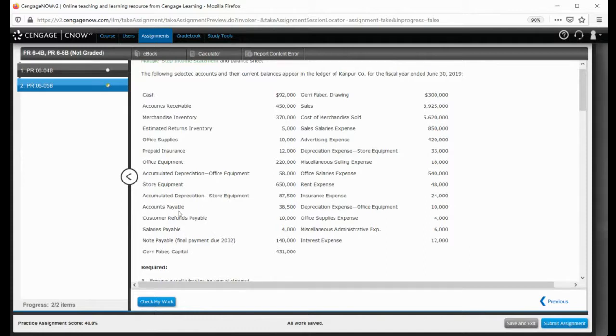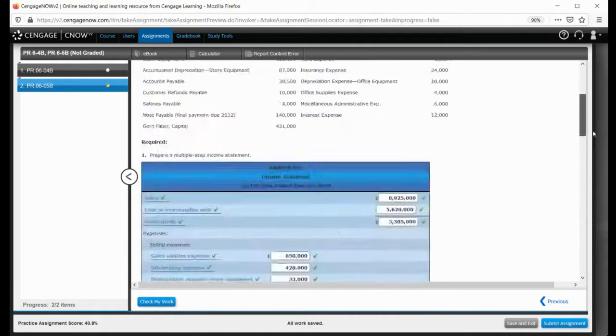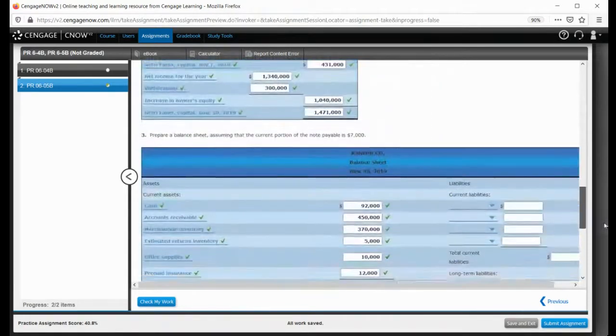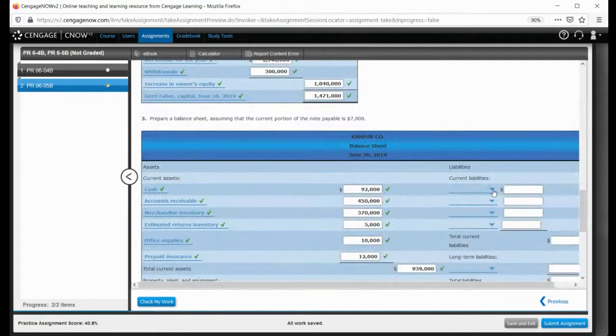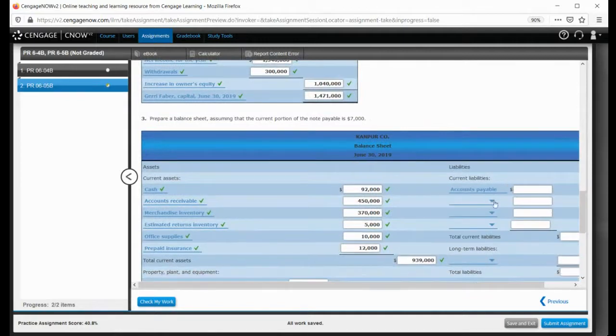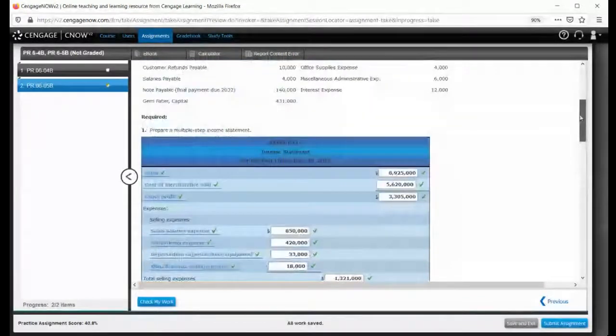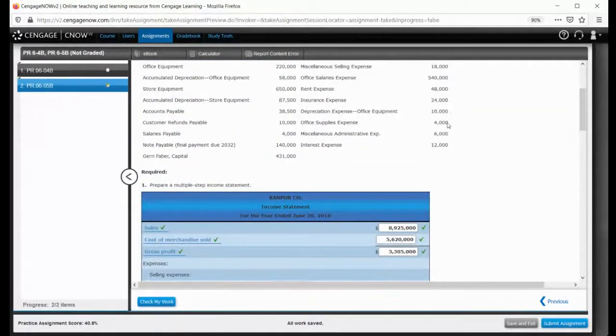And one of our first current liabilities is accounts payable. The amount for the accounts payable is $38,500.